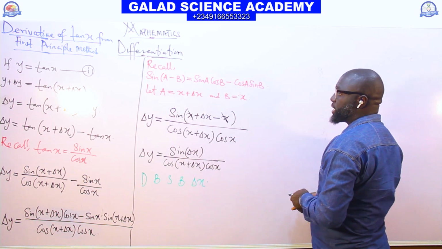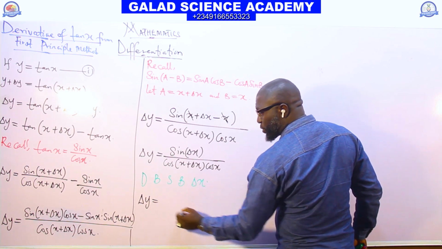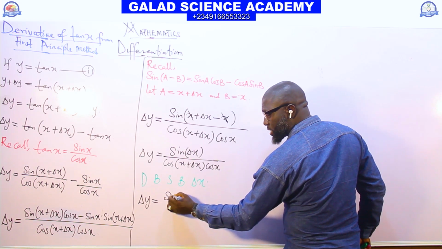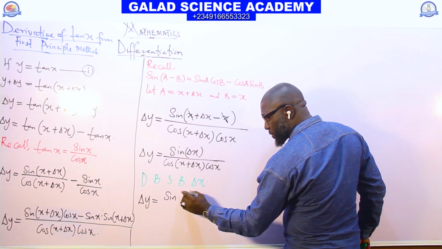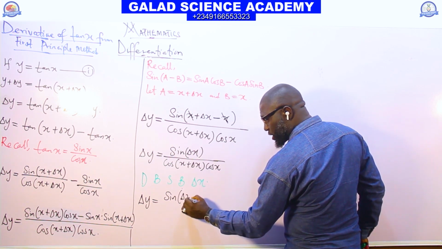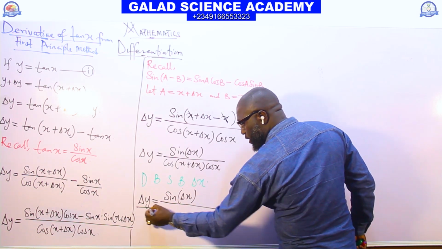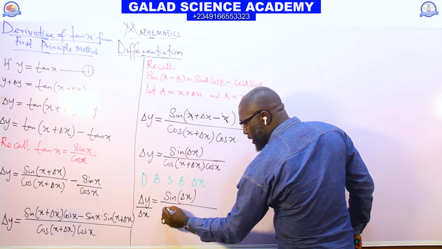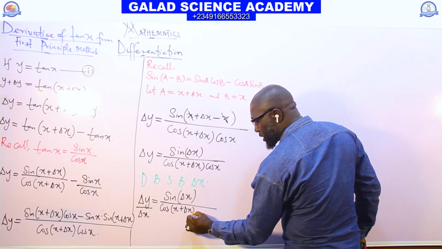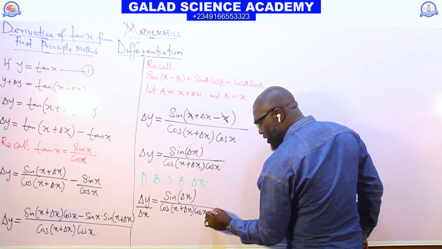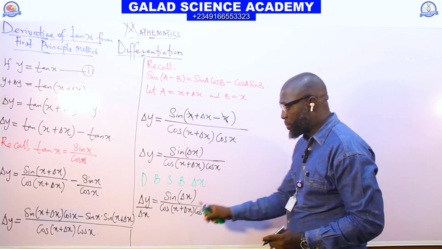By doing that, this expression will become sine change in x over change in x, and here we have cos(x plus change in x) cos x, dot the change in x that we use to divide both sides.